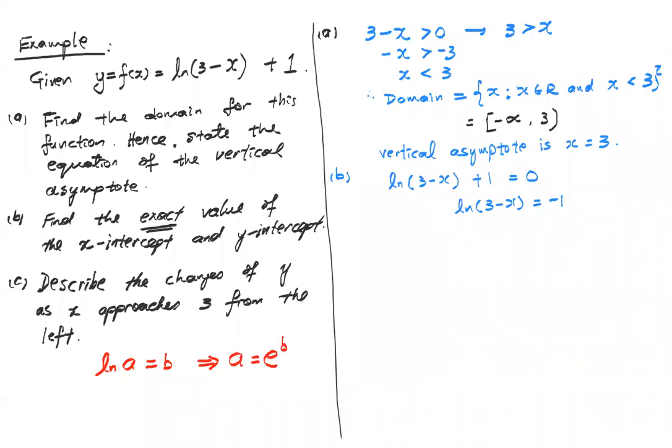This is the formula you're supposed to follow. Your a is 3 minus x, so that is how you compare. If I have ln(3 minus x) equal to negative 1, I follow 3 minus x equal to e to the power negative 1. Are you clear? Please, it's a must to know.